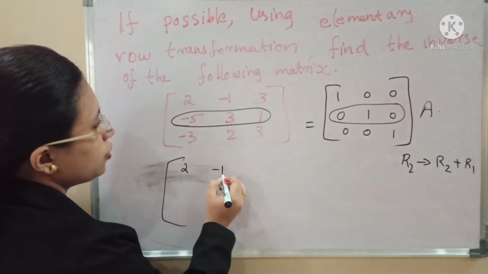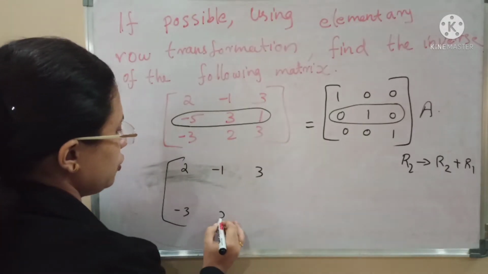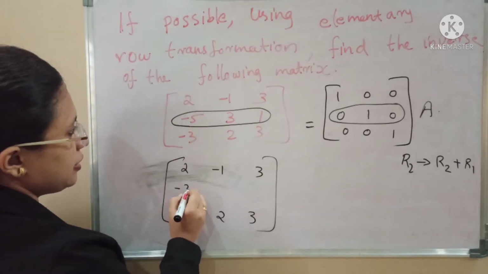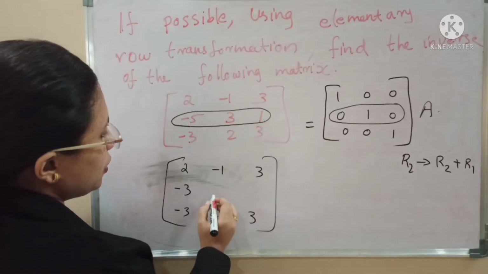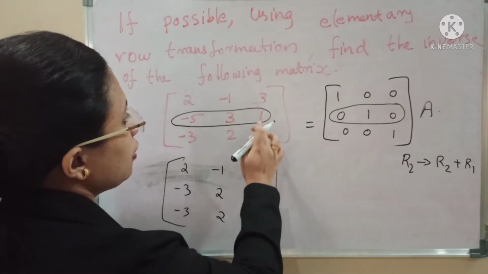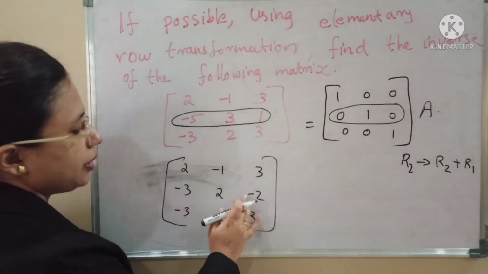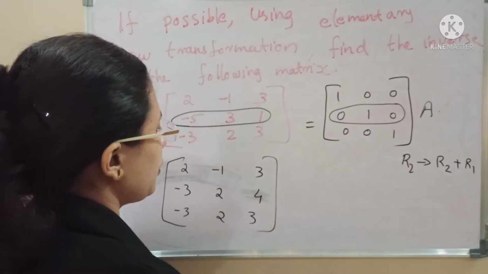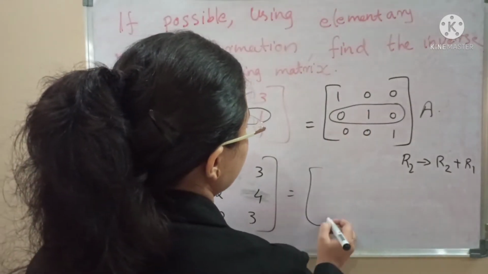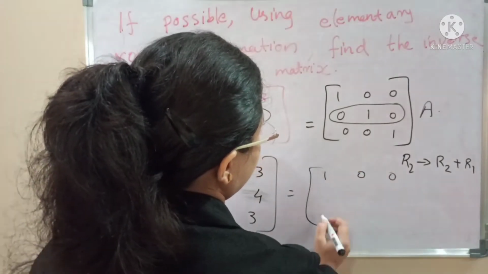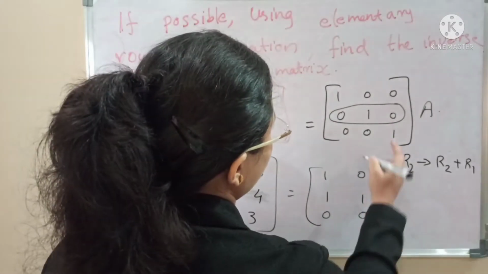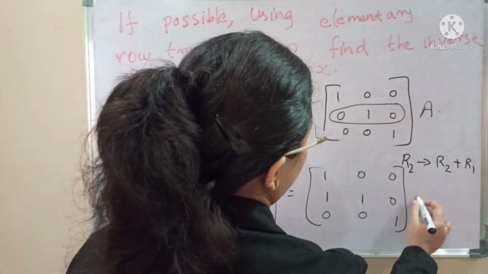The first row has no change, the third row no change. So minus 5 plus 2 is minus 3, 3 plus minus 1 will be 2, 1 minus 3 will be, 1 plus 3 will be 4. Similarly here, 0 plus 1 will be 1, 1 plus 0, 1, 0 plus 0, 0.